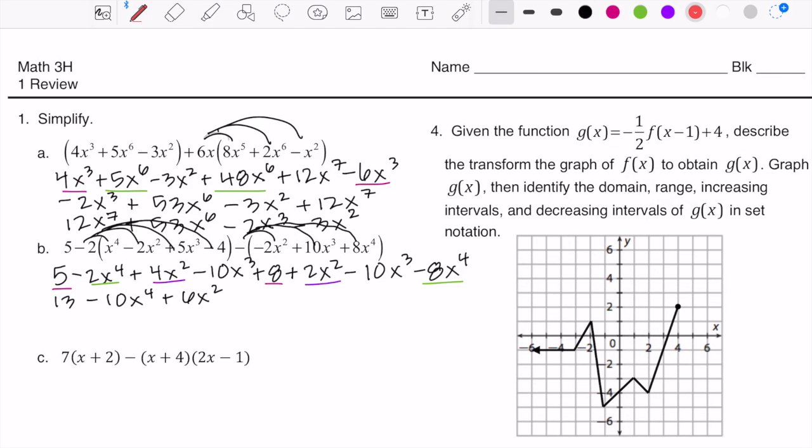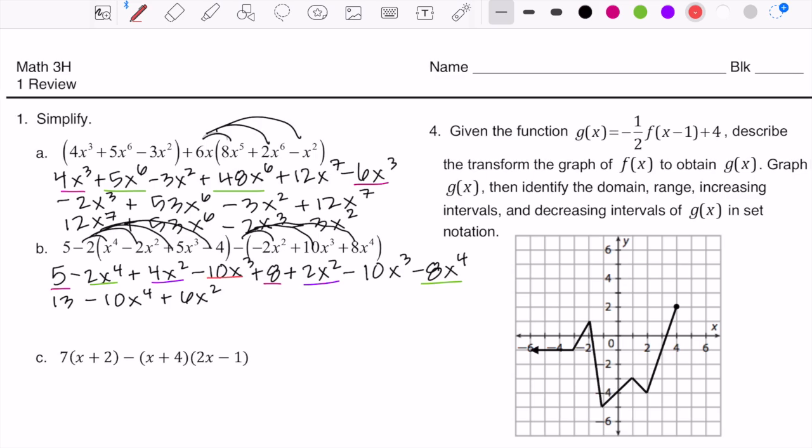And then I have a negative 10x cubed and another negative 10x cubed. So minus 20x cubed. So putting these in standard form by powers of x, I get that right there.